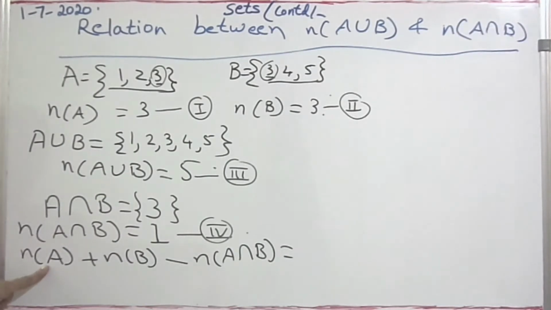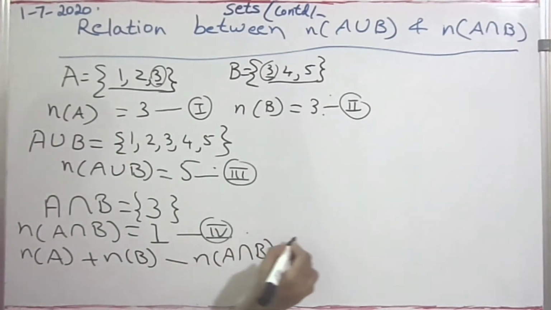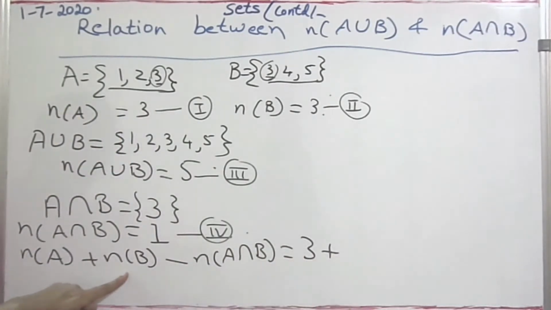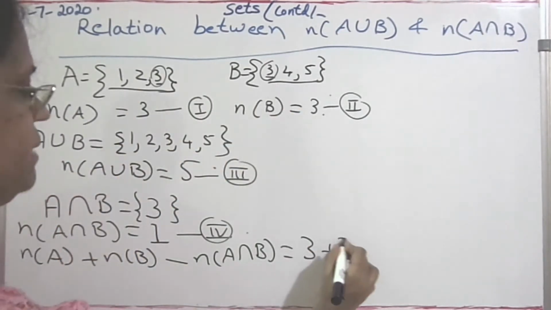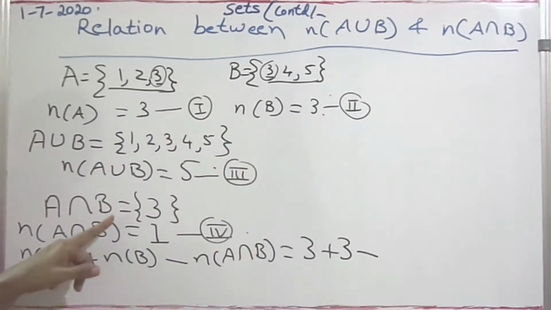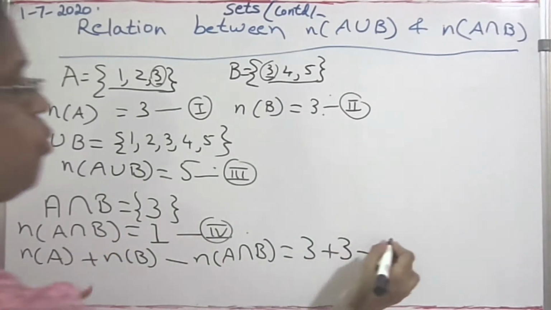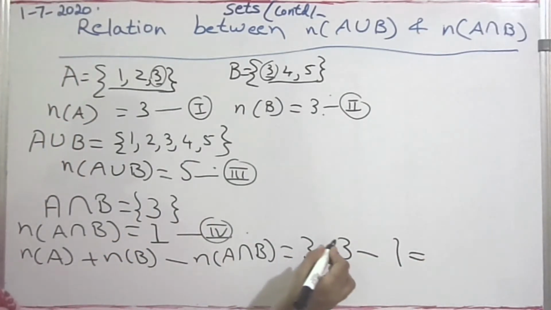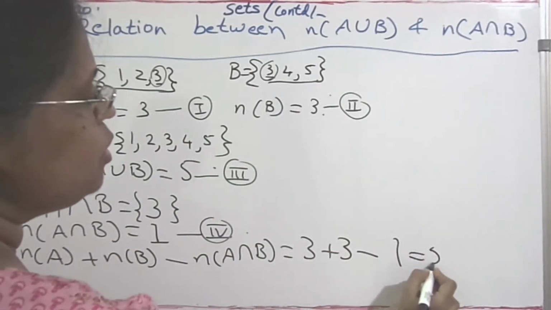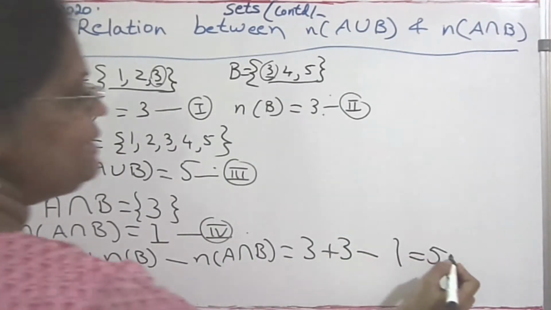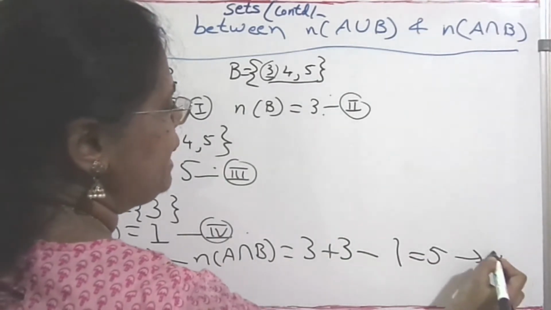A has 3, B has 3, minus 1 for A intersection B. 3 plus 3, 6, minus 1, is 5. So let this be number 5.